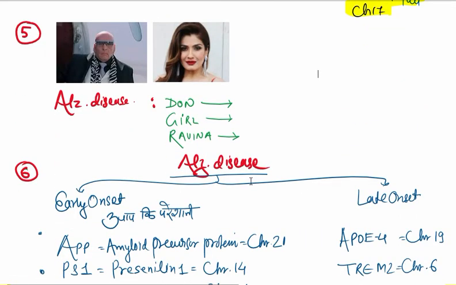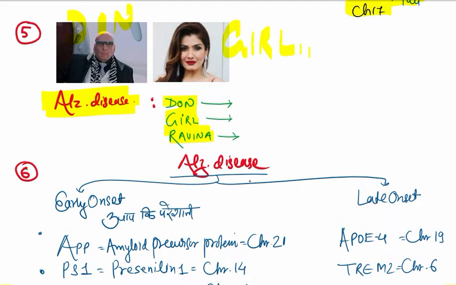Next one, what is this? Dawn, of course. This is the boy Dawn, and this is a girl. Okay, Ravina. So what is the mnemonic in this picture? Dawn, girl, Ravina. So this old Buddha turkey has Alzheimer disease, and to treat this condition, Dawn, girl, Ravina is there.